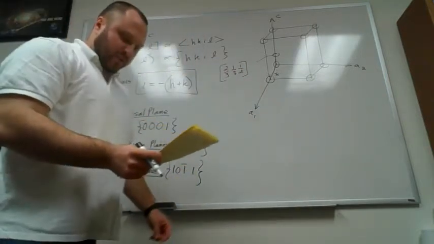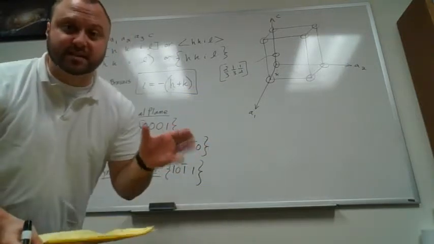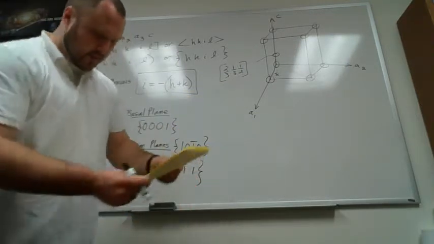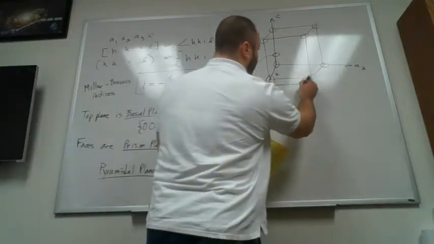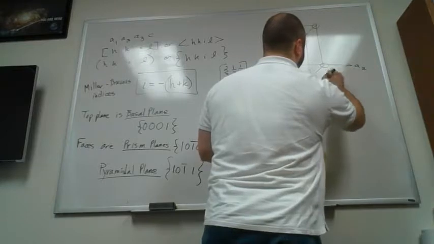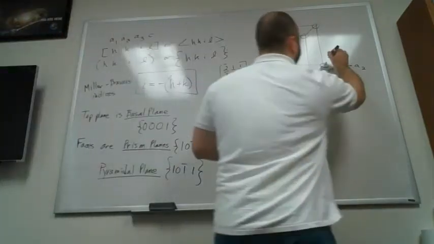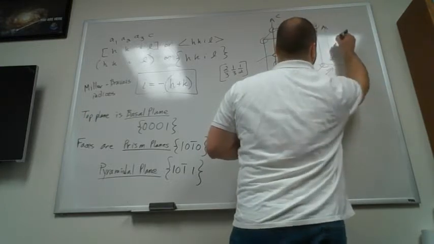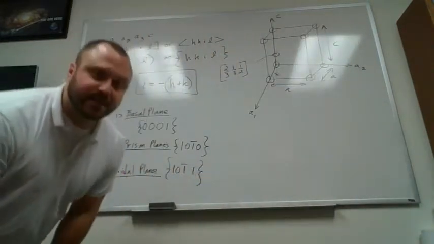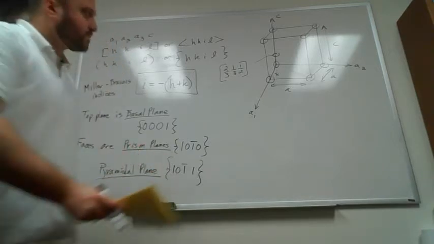Okay? But there's a few things we have to remember. So one is that not all the faces have the same length when I draw it like this. So this front and this side have the length A, but in the vertical direction, my cell has a length C. Okay? So it's not like the cube we drew before.